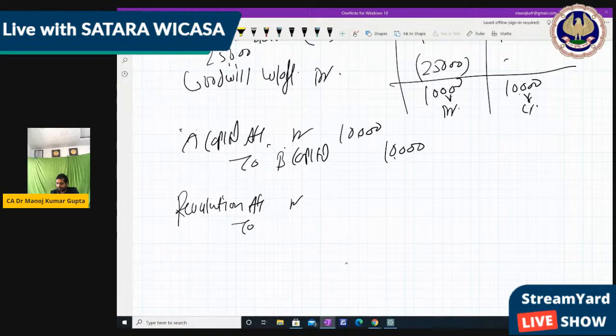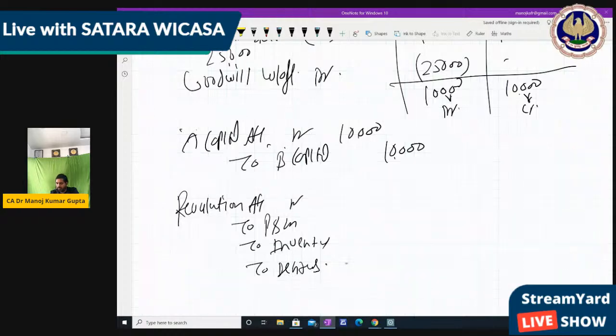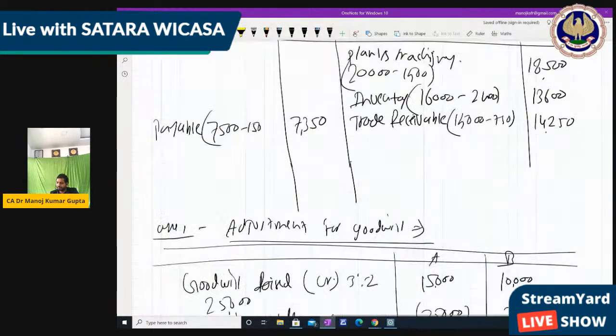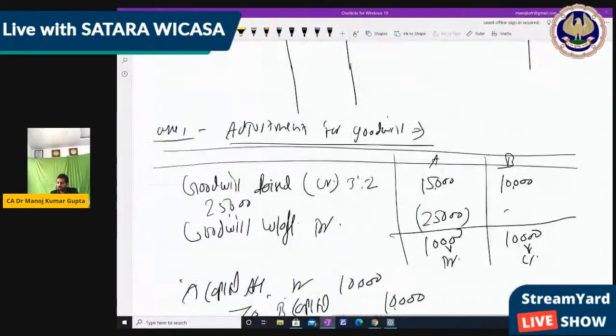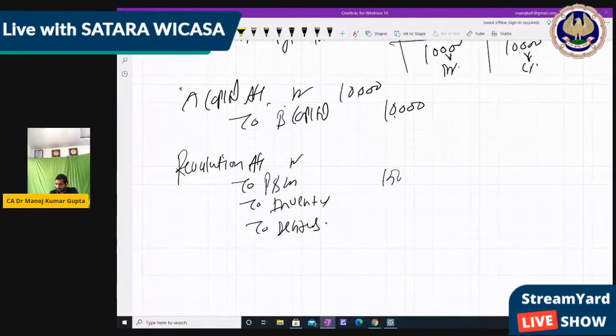To plant and machinery, to inventory, to debtors. Right. 1,500 to 400 and 750. 750.